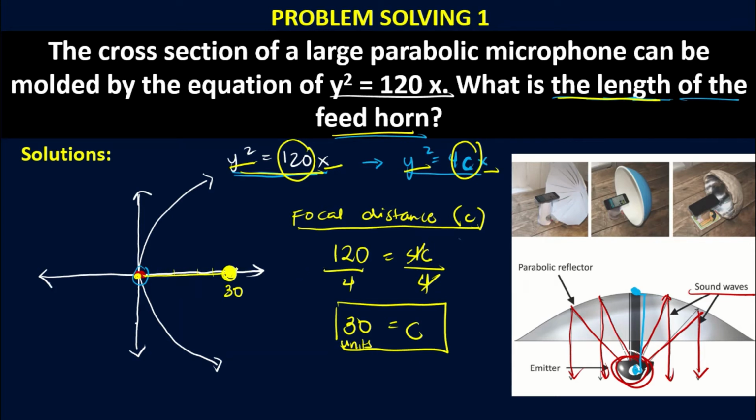Dapat meron tayong specific place and yun dapat ay measurable, once ito ay nag-produce ng sound waves, for example dito sa ating parabola, magpo-form yan ng parallel lines. Again, yung parallel lines na yan, yan po yung ating flow ng ating sound waves.